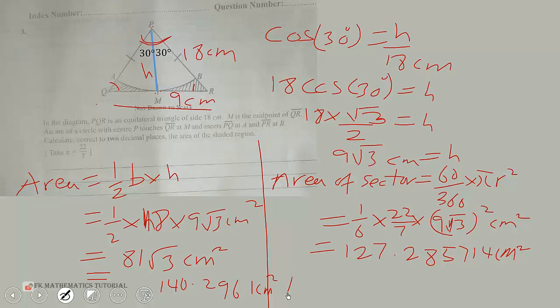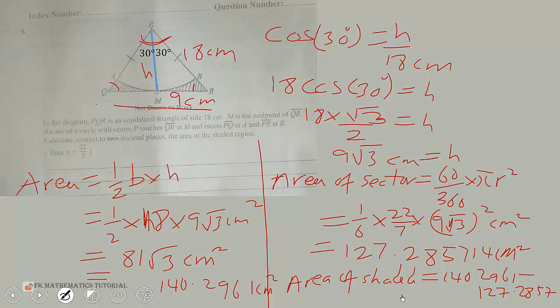So area of shaded region is equal to area of equilateral triangle, which is 140.2961, minus 127.2857.